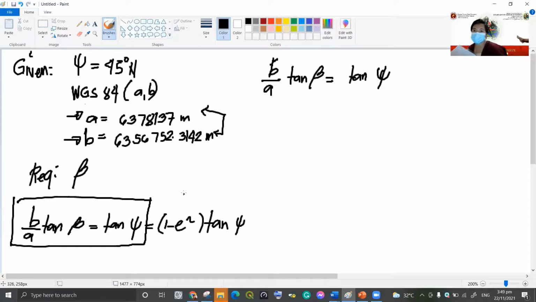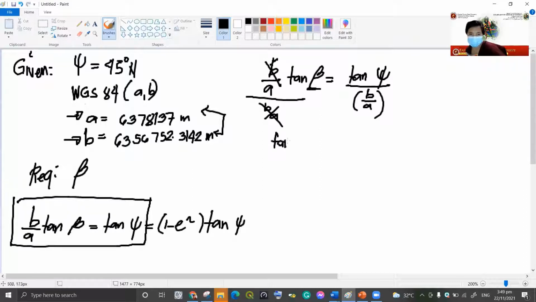It lists the parameters for the different spheroids globally. Our goal is to compute for the reduced latitude, so we can divide both sides by B over A.